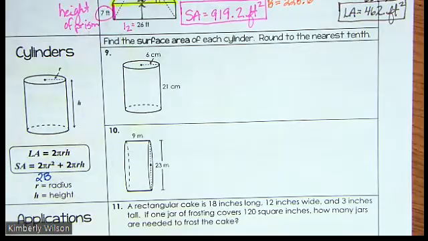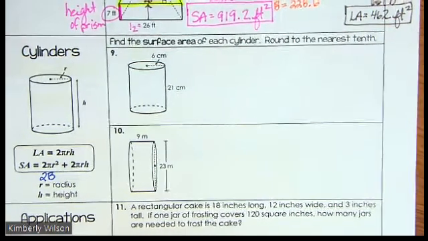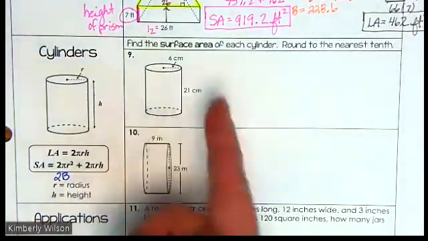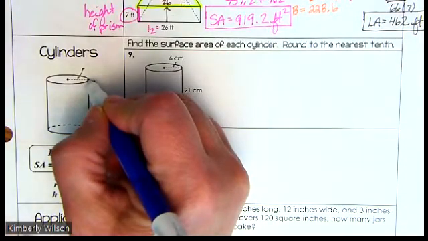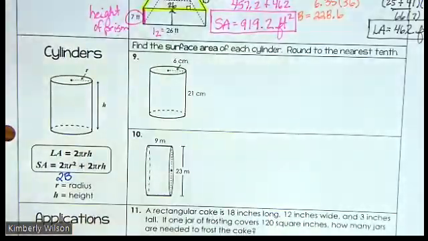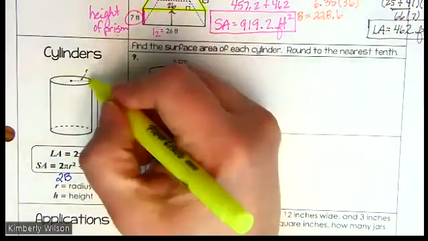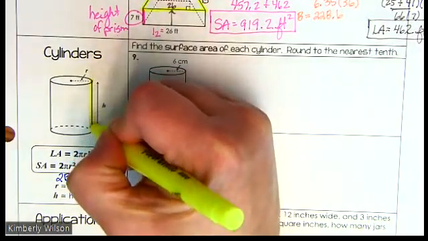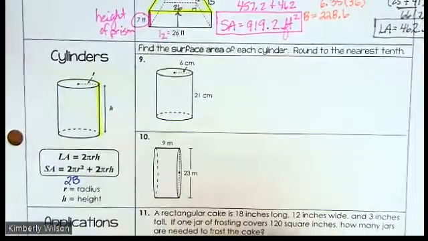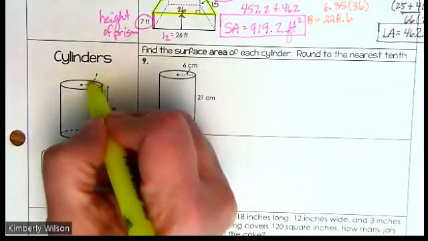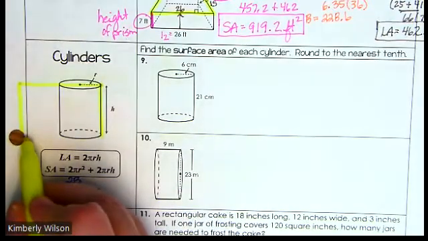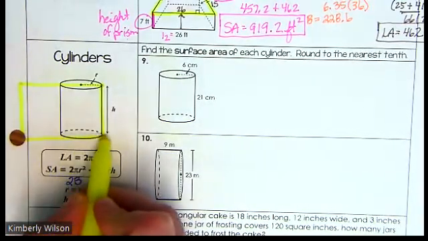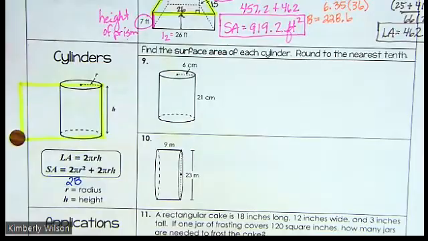Well, I've got to figure out around the circle, because if I think about it, if I took a pair of scissors and I cut right along here, and then I laid it flat, well, that means it's going to create a rectangle when it lays flat.